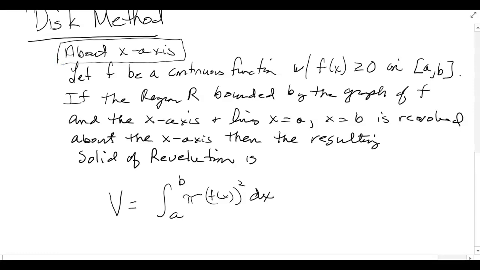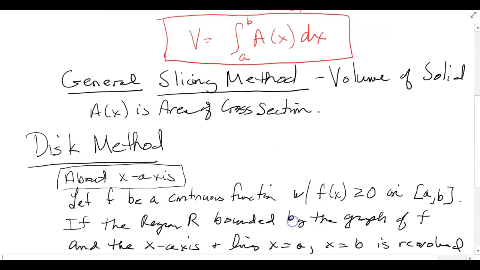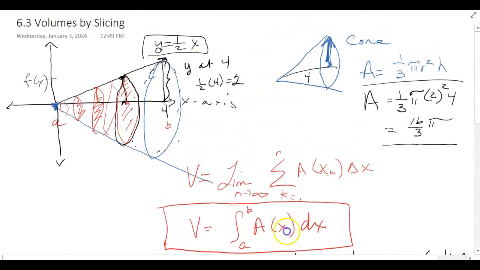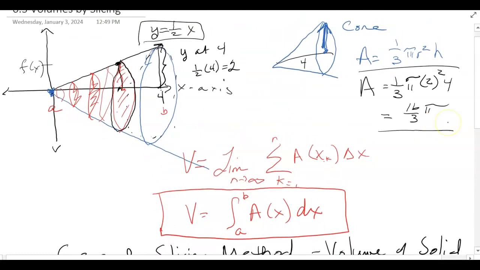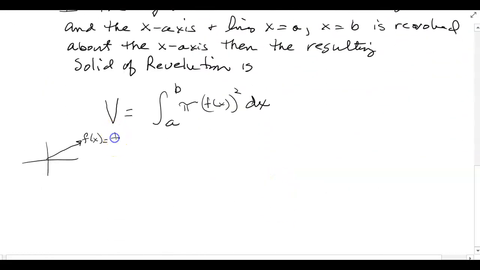So let's go back to our cone and apply it. I'll draw a small cone picture down here. Remember, so I'll change it to f of x. Let's make sure we're using the same 1/2 x. Remember, we got 16/3 pi, so we're hoping to get the same thing. So it's 1/2 x and taken to 4. And our function goes to, hold on, to 4.